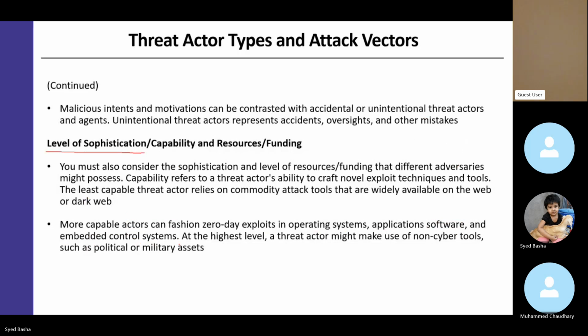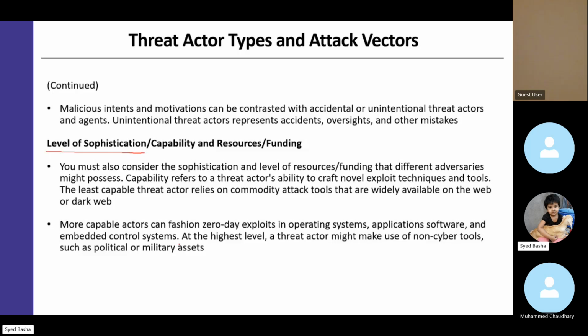As I mentioned, the level of sophistication differs from attacker to attacker. For a script kiddie, there is no sophistication. They just buy the software and attack. For a structured gang or group, they have a high level of sophistication.